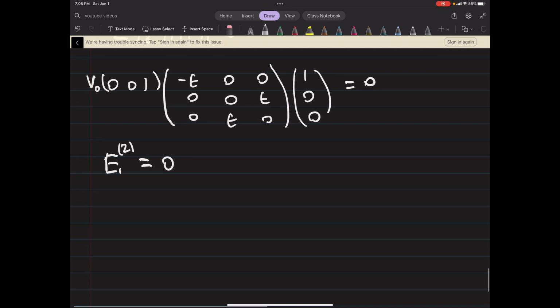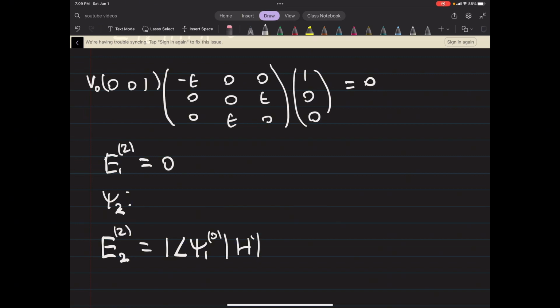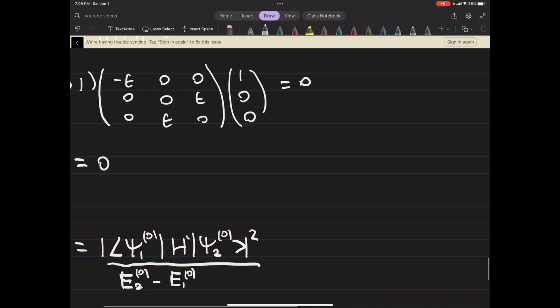And now we can do the same thing for psi 2. So E2, because that's this wave function, second order correction is essentially the same thing, only the order is a little reversed. And then plus, it's not too bad when you only have 3 states.